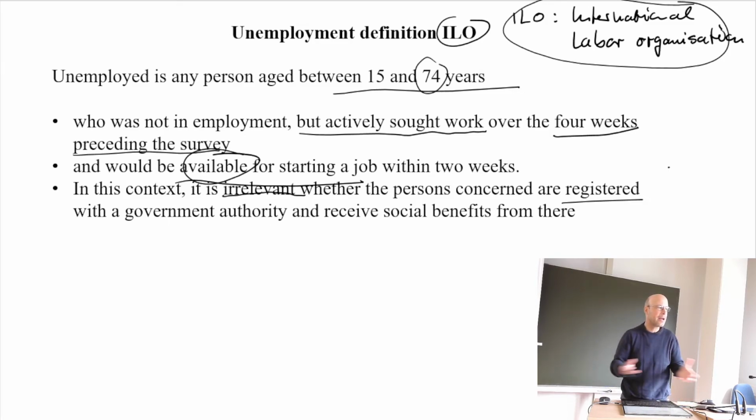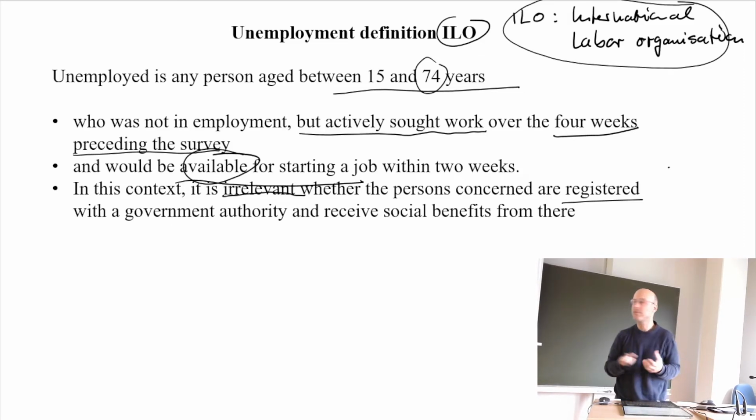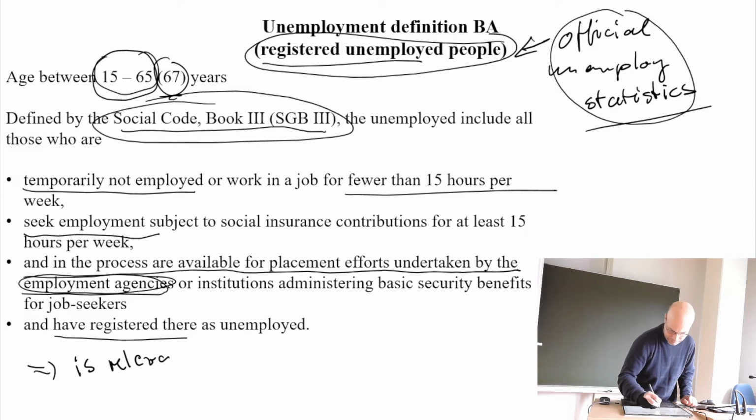And of course, we cannot say that this number is right and this number is wrong. Always you have to look at the numbers in the context. So maybe we can say that this number is relevant for public finance.